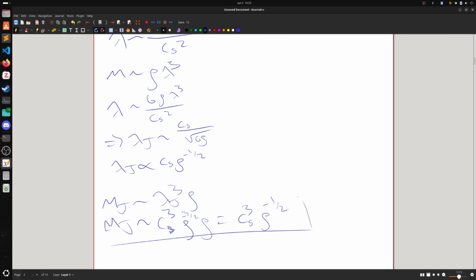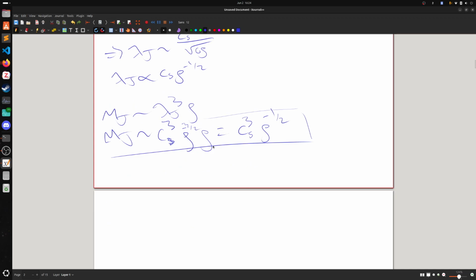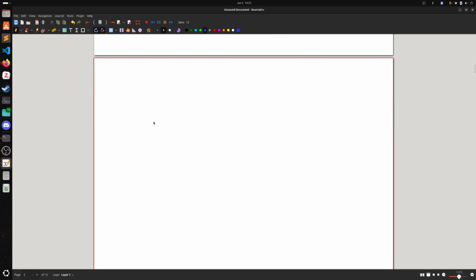So this is kind of what we want to look at. Now, we can also probably rewrite this in terms of sound speed. Okay, we'll worry about that in another second.